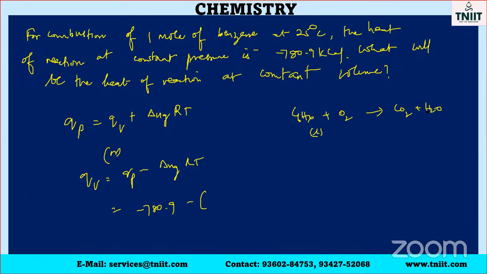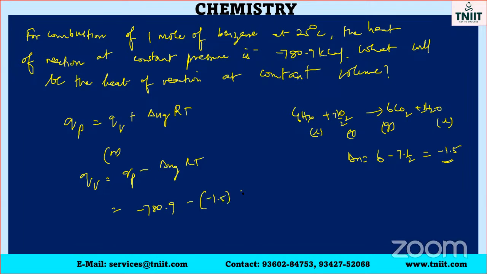It is 7.5 moles of oxygen, carbon dioxide is 6 moles and water is 3 moles. Water is a liquid here; carbon dioxide and oxygen are gases. So delta N is 6 minus 7.5, which is minus 1.5. So it's minus of minus 1.5.